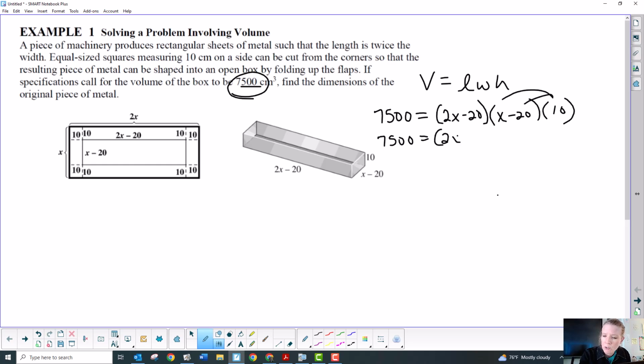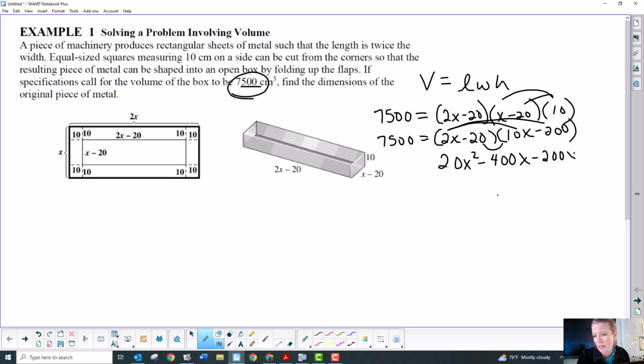So then I have 2x minus 20 times 10x minus 200. And then I'm going to FOIL that out. So 2x times 10x is 20x squared. 2x times negative 100 is negative 400x. And then negative 200x plus, and I think that is 4,000.